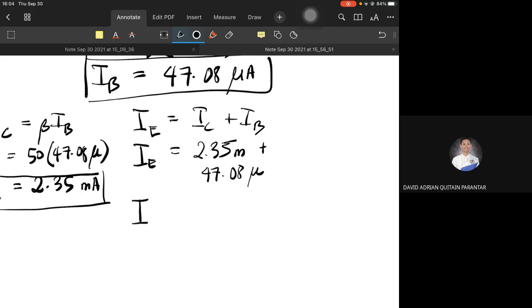So take note of that. This is 2.35 times 10 to the negative 3 and 47.08 times 10 to the negative 6. Approximately, the answer should be in the range of 2.35 something. Micro plus milli equals the bigger milli. So the answer is 2.40 milliamperes.